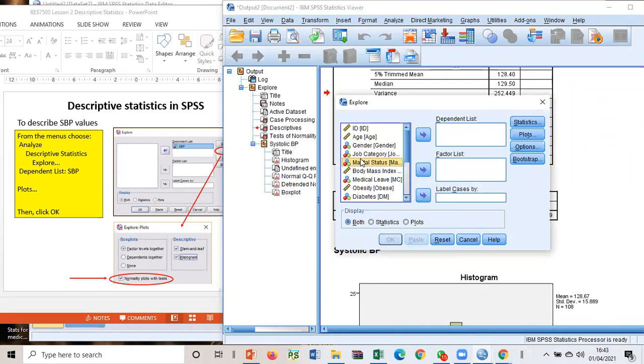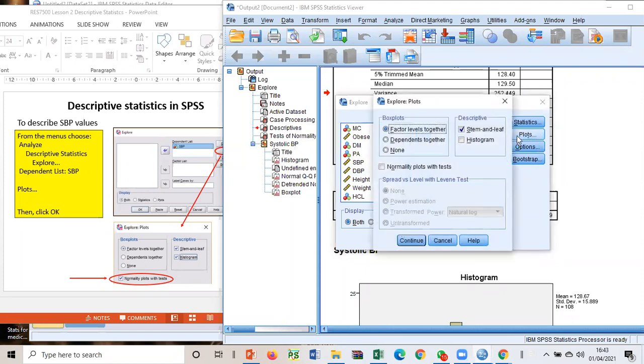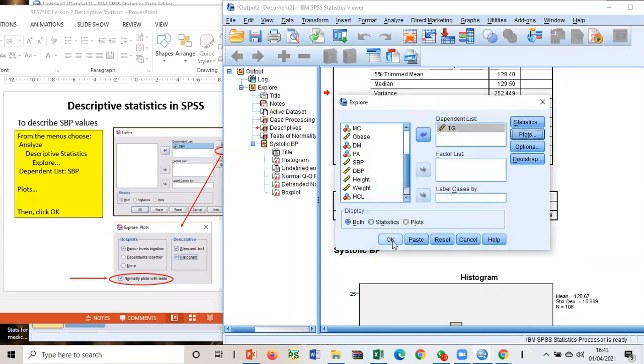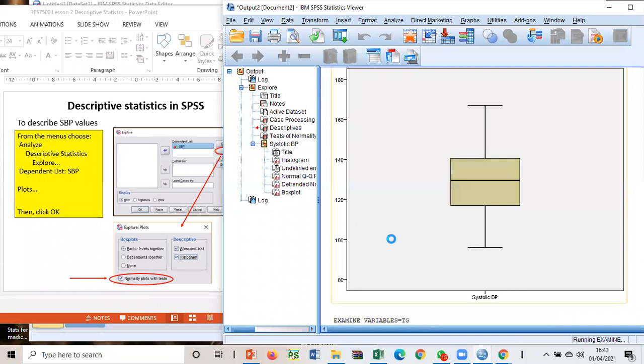Which variable? Not SBP, the next one, Triglyceride, TG. Plots: Histogram, Normality plot. Continue. Click OK.